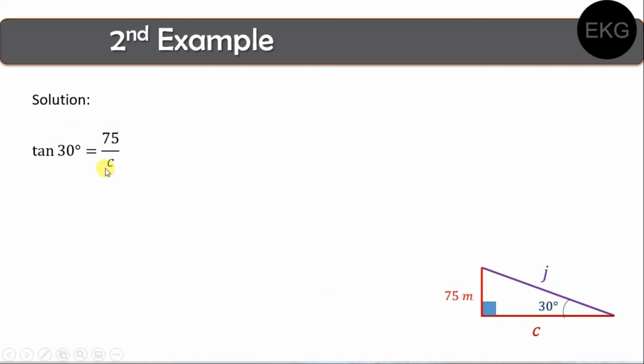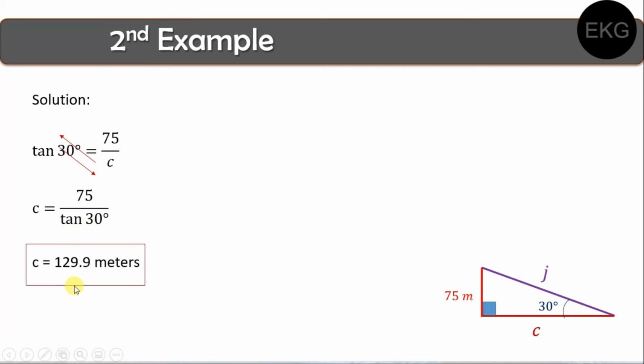So, 75 over C. Now, cross-multiplying, yung C pupunta dito sa kabila, yung tangent 30 pupunta sa ilalim ng 75 degrees. And then after that, we calculate this using our calculator, we will get the answer 129.9 meters. So, this is now the distance from the ship to the bottom of the hill.